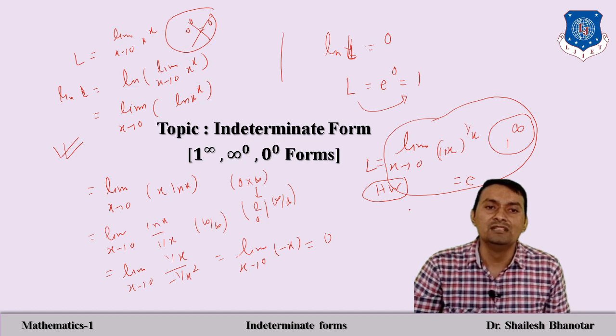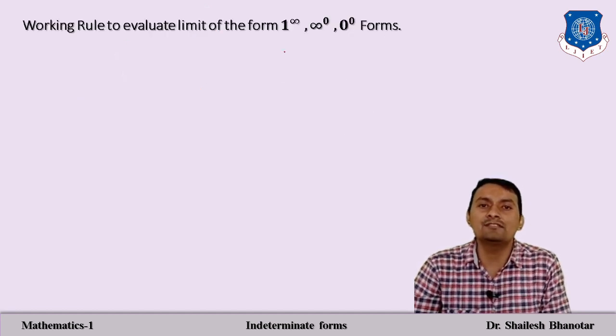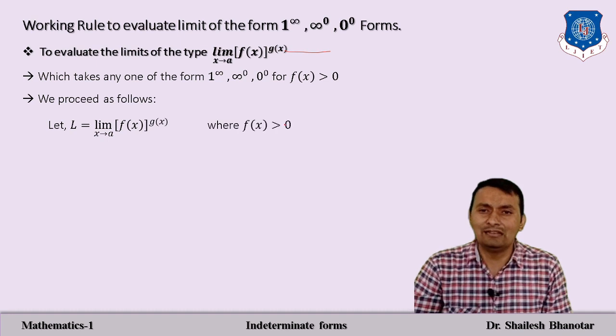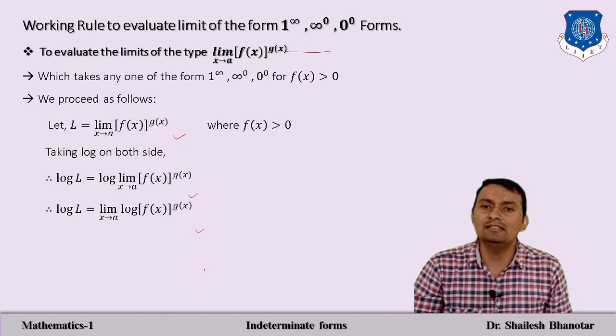Now let's have a look at the first working rule whenever we have this type of forms. I have already explained it in the example, but let us look quickly at what we will do for the particular question. L is equal to something, and after that we consider ln on both sides. Then using the standard property of logarithm, we get the 0 into infinite form.